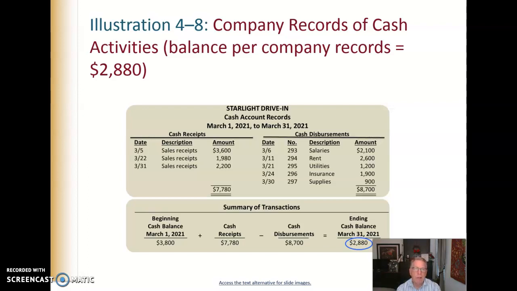And then we're going to have some cash disbursements for some of the expenses we have, for salaries and rent, etc. So, if I take the cash receipts, in this case of $77.80, add that to the beginning cash balance, back out the cash disbursements, then we're going to have our ending cash balance, in this case, as of March 31st, 2021.